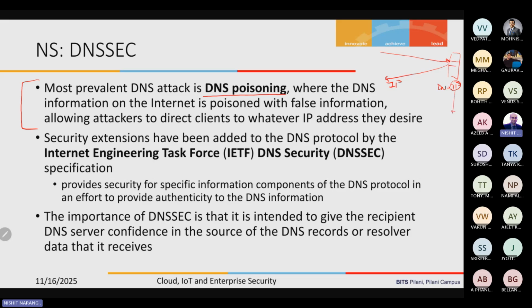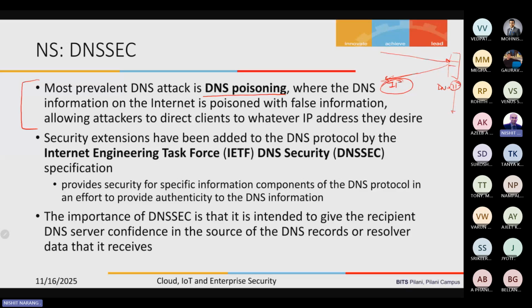So I poisoned the record, DNS record. Then what will happen? Anybody searching for www.amazon.com, the DNS server will reply back with the malicious IP address. And all users unknowingly will be led to a malicious website, which may ask the users to log in via their Amazon user IDs and passwords, thereby stealing their credentials.